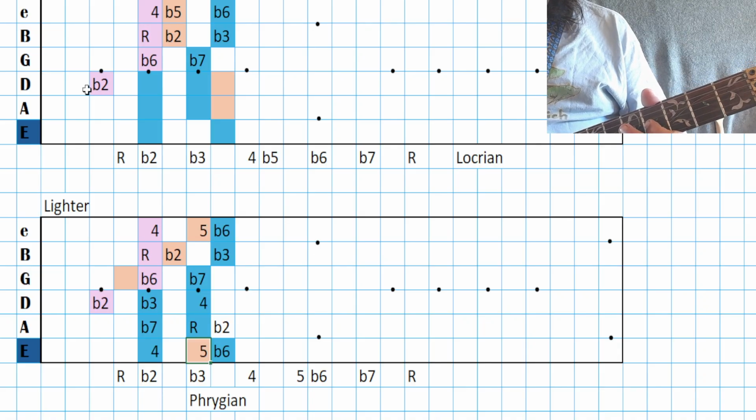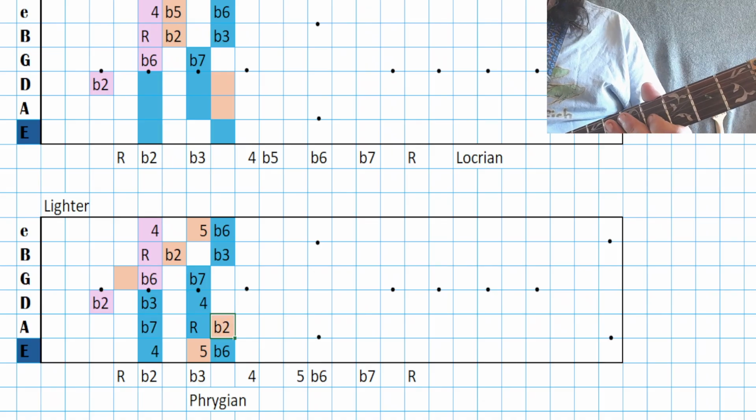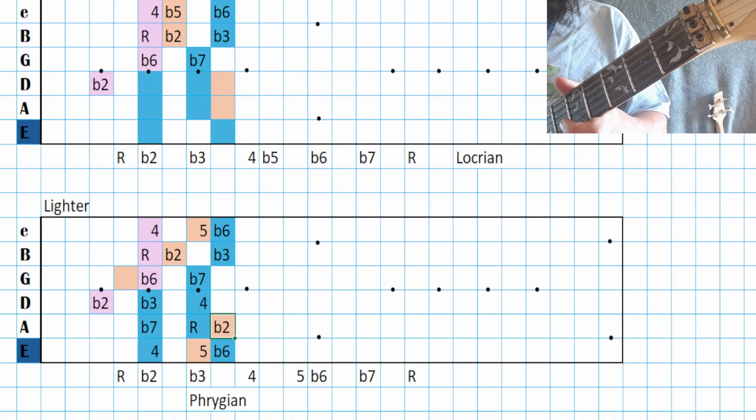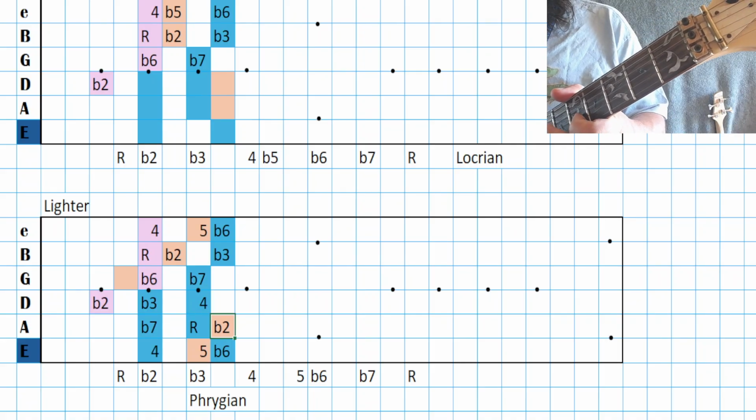What this gives us then is failure to communicate. Okay, so now here's one last at Phrygian. Now let's change that one note.